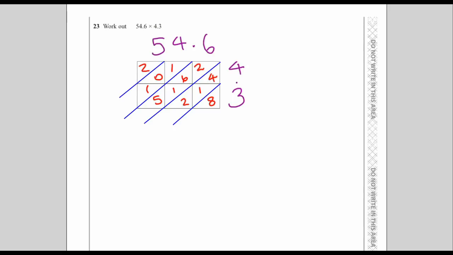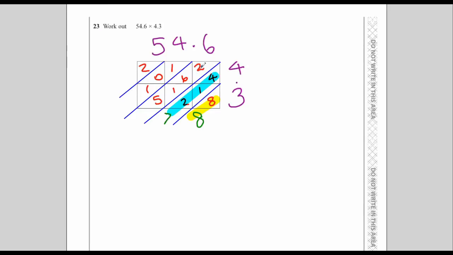So it's very cool. Now, can you see that we're divided up into lines like this? What we're going to do now is add along those lines. So first one is just 8 on its own. So that's your answer. The next one, we've got more to add up. 4 add 1 add 2, and that gives you 7.